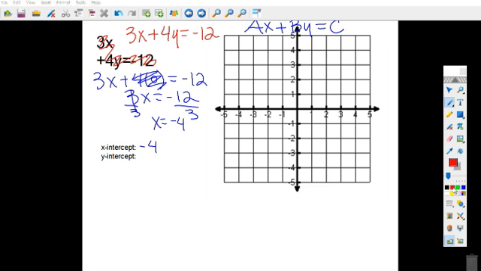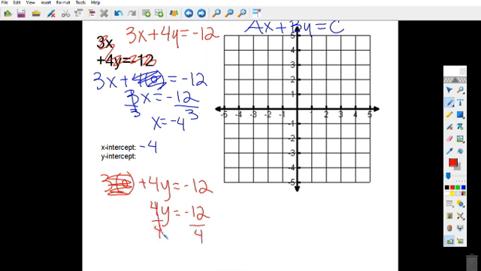Then let's solve for the y-intercept. So I plug 0 in for x because I'm solving for y. Those go away. 4y equals negative 12, divided by 4. Y equals negative 3.